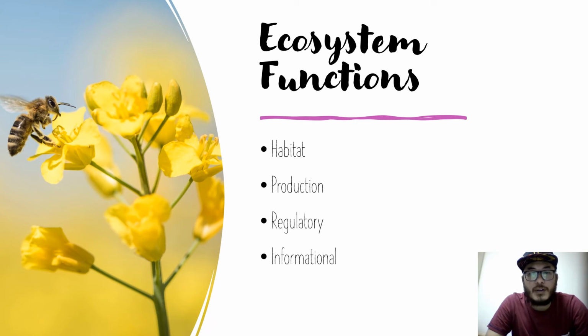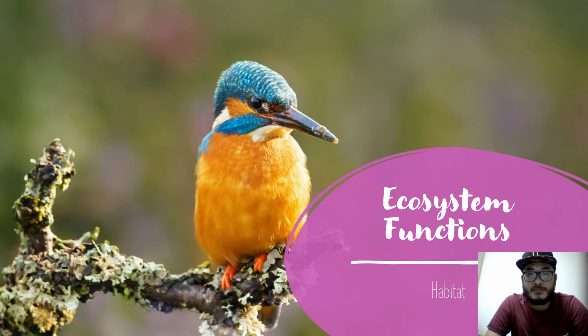Ecosystem, there are four functions: habitat, production, regulatory, and informational. Ecosystem function habitat. Habitat is for everything from animals to the plants and also to humans.